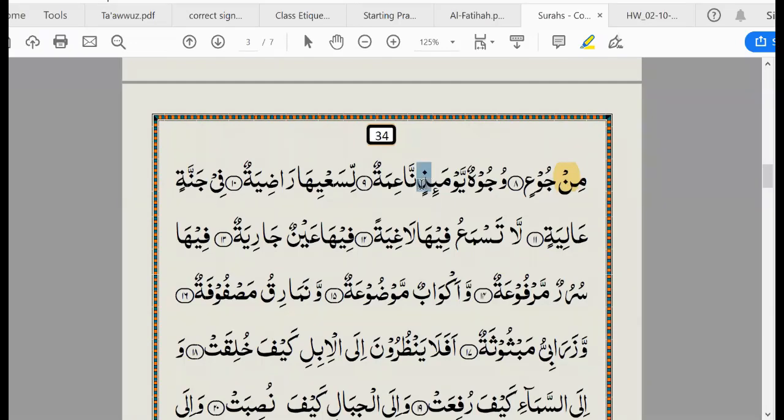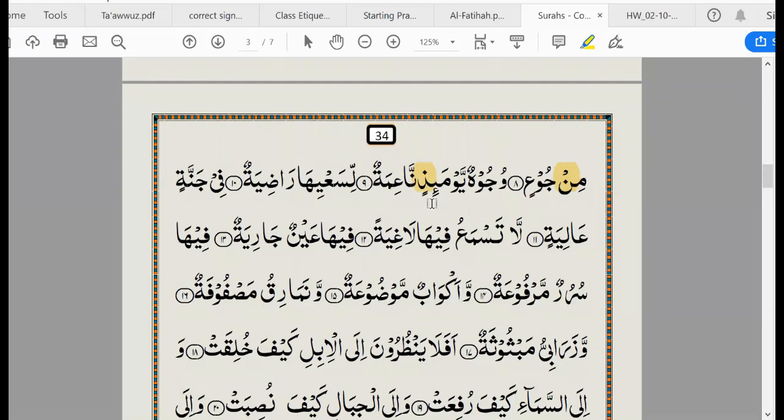I can see that you got confused because of the writing style. This highlighted letter, this is not noon. Okay? Noon would look like this. Can you see here? This one is Zol.